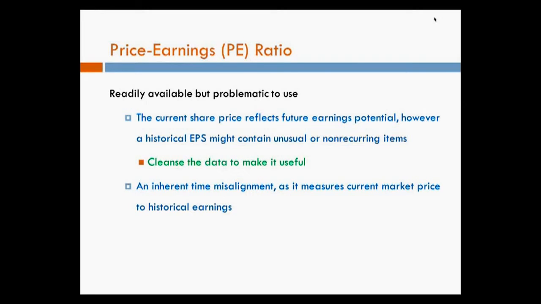The earnings per share might have unusual or non-recurring items. Quite often, analysts in the marketplace will take those out. You'll hear them reported with or without one-time charges. But there's also the fact that the price to earnings ratio has an inherent time misalignment.